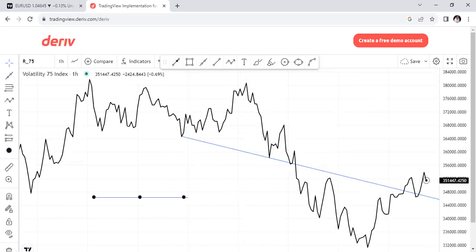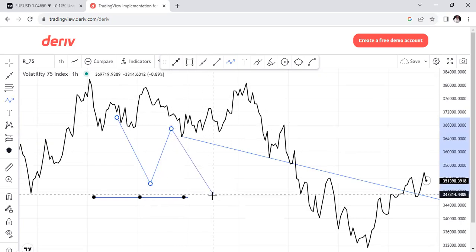As another continuation. That's a continuation trend line. We have it like this.